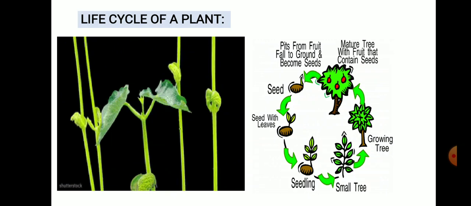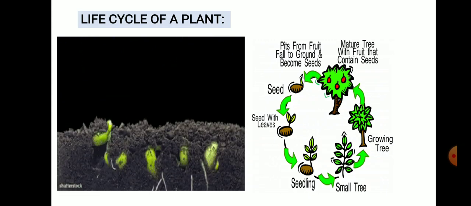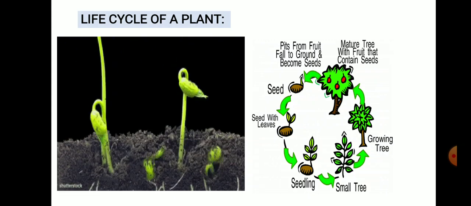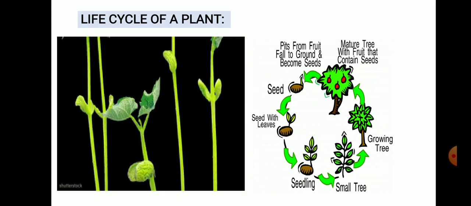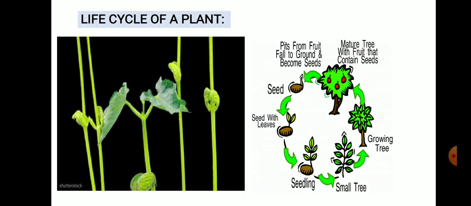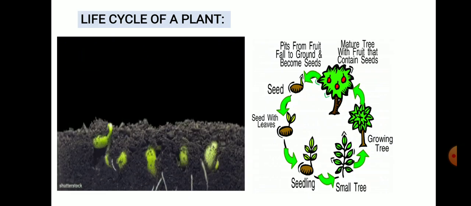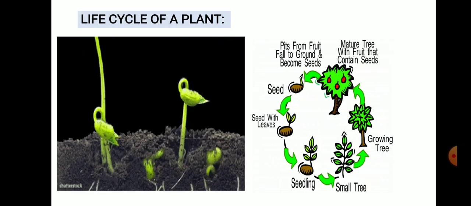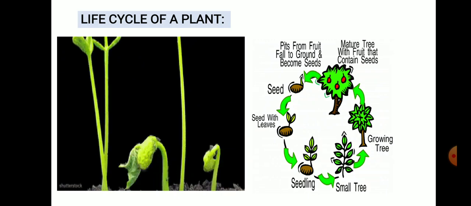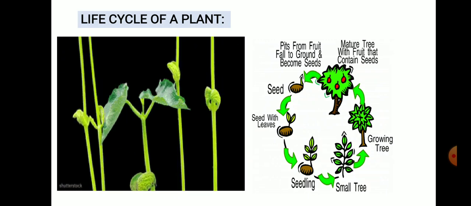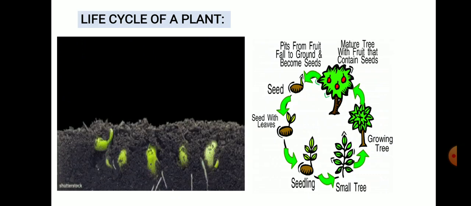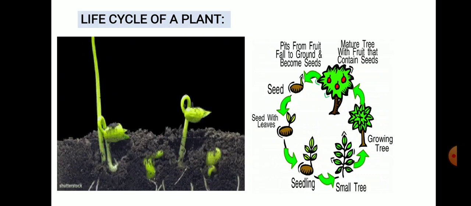Seedling means a baby plant, a small plant. That is called germination. Understand, students? That plant, when mature, produces flowers, fruits and seeds. And these seeds in turn produce new plants. This is called the life cycle of a plant.